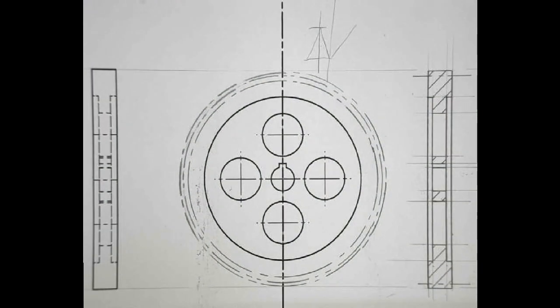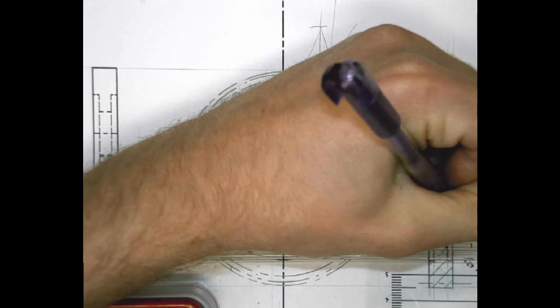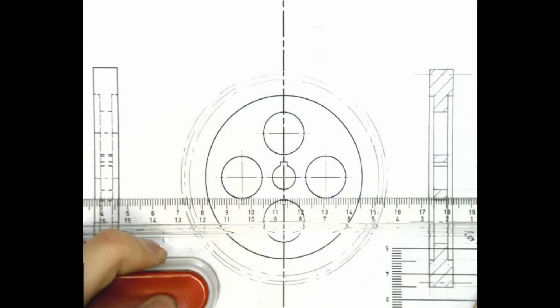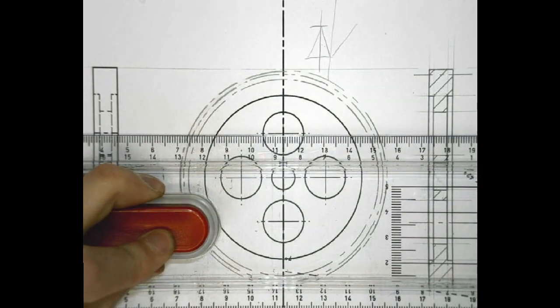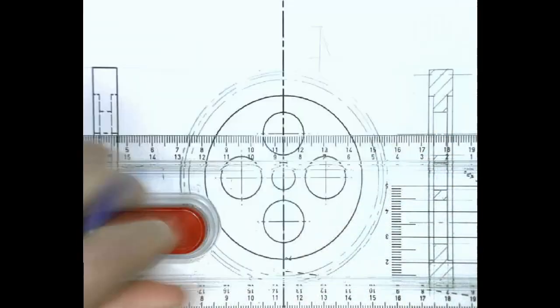And then with the sectioning complete, we'll just draw in the center lines for our holes, which we can just project across from our side view once again.